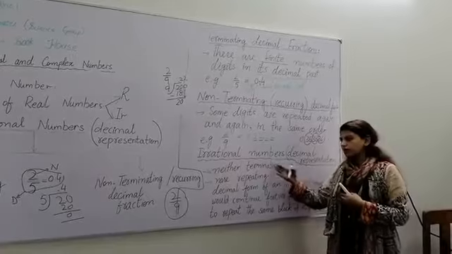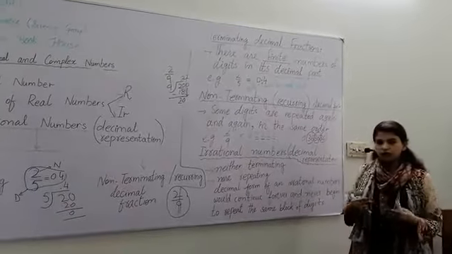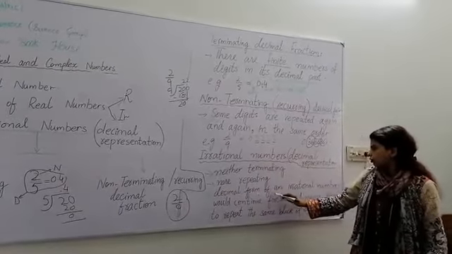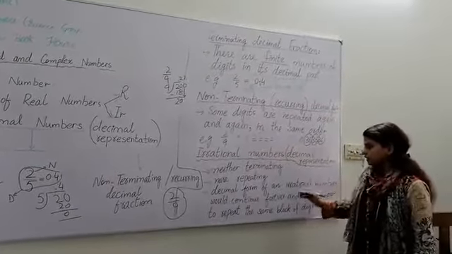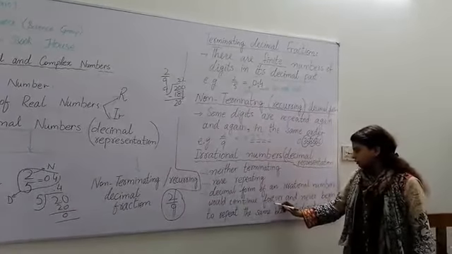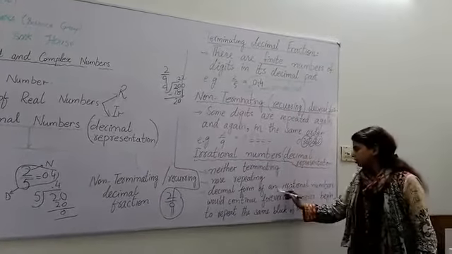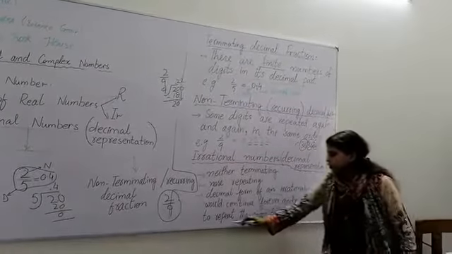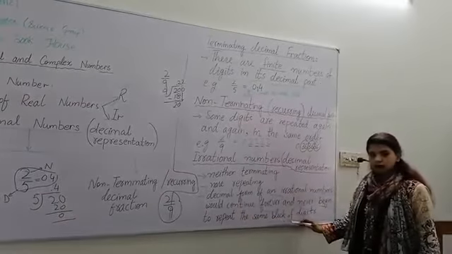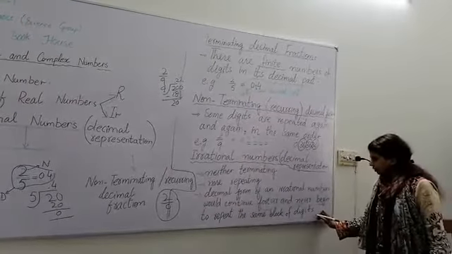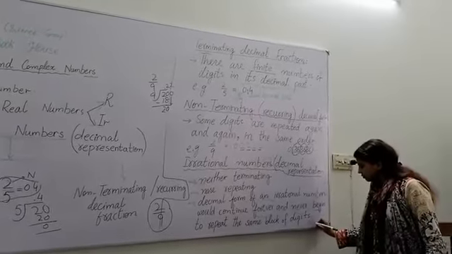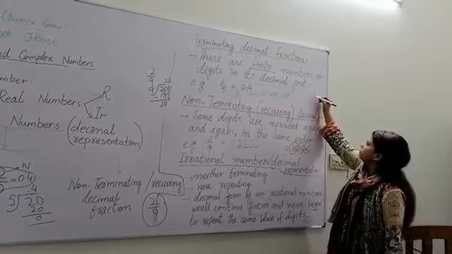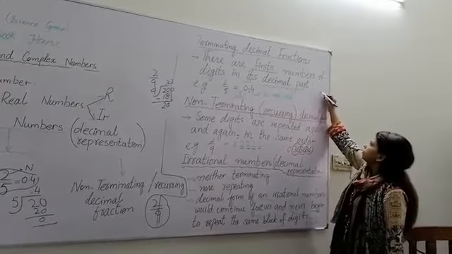If it is neither terminating nor repeating, then this is the decimal form of an irrational number. It would continue forever and never begin to repeat the same block of digits. It will not be like this, it will not be like this.